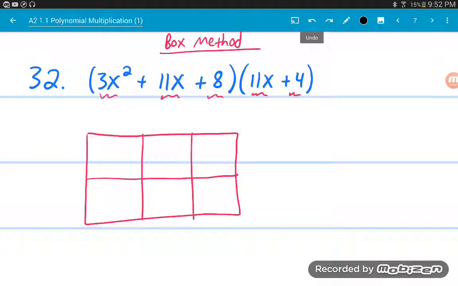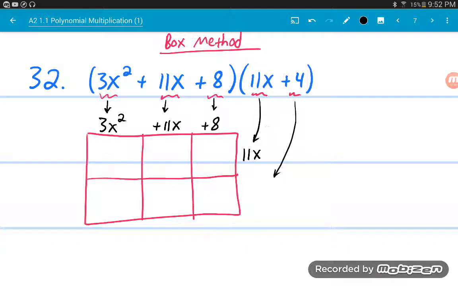We're essentially going to bring all these terms down and place them on the rectangle. 3x squared goes here, plus 11x goes here, plus 8 goes here. Here's going to be 11x, and this will be plus 4. Now we get rid of all those arrows. Clean it up a little bit. Too clean.